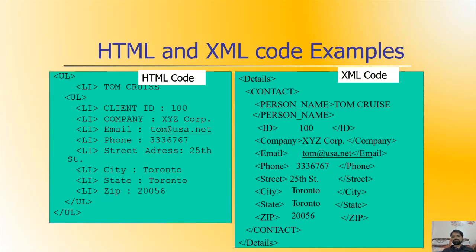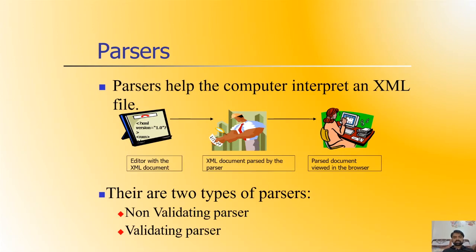Now coming to the parser. What is a parser? A parser helps the computer to interpret an XML. Whatever file you have, it will be parsed by the parser and then viewed. So you design your XML document, the parser will parse it and it will be viewed.